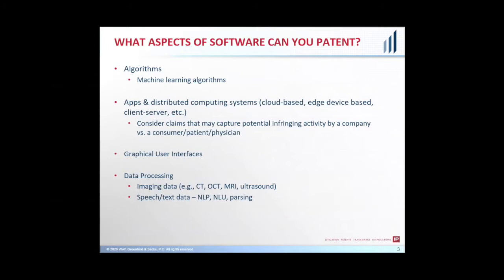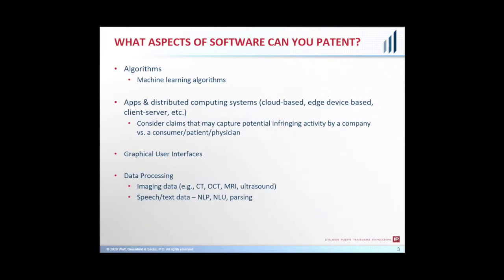So what aspects of software can you patent? You can patent algorithms such as machine learning algorithms. Machine learning is a hot topic these days in terms of being able to analyze complex data and derive some meaningful result. You can patent various apps or distributed computing systems.